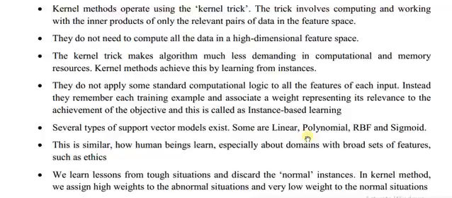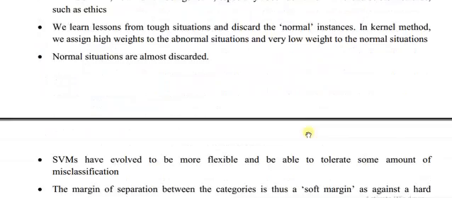We always try to learn from the difficult situation, because when we learn from the difficult situation, we can handle the easy situation very simply. In the same way, kernel methods assign high weights to the abnormal situation and very low weight to the normal situation. Sometimes the normal situation may be discarded.